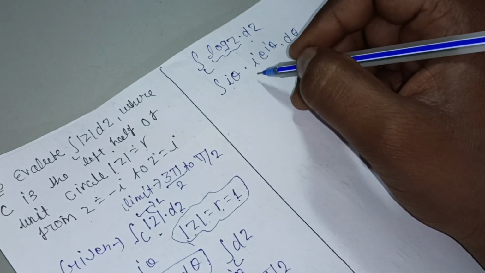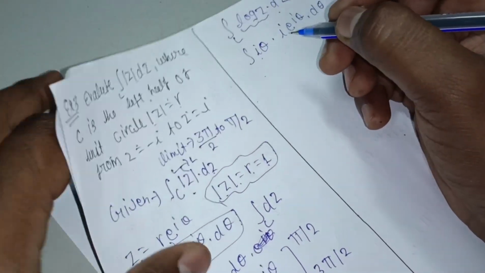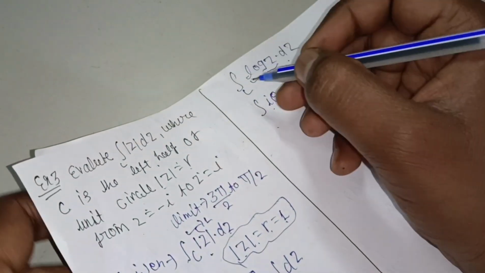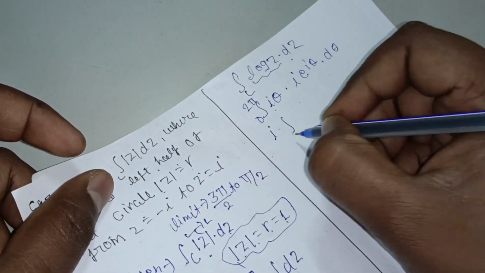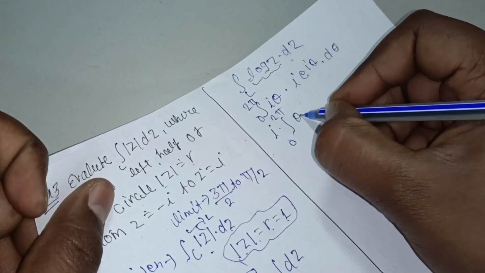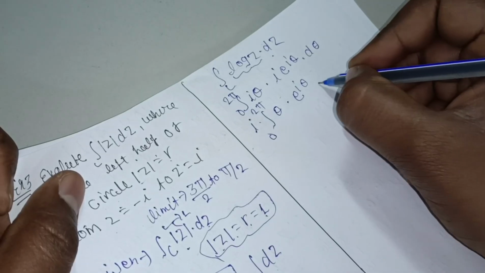If we take iota common, and remember it is a circle, so the limit will be from 0 to 2 pi. So iota common, 0 to 2 pi, theta into e to the power iota theta d theta.